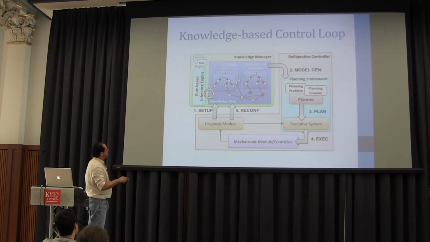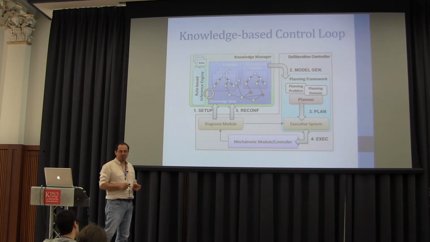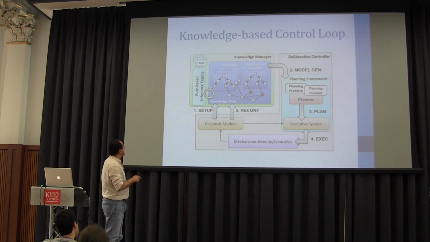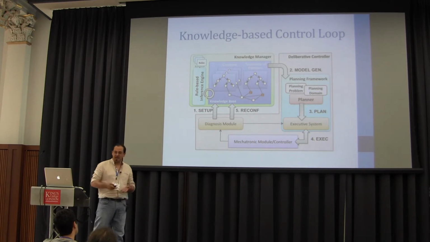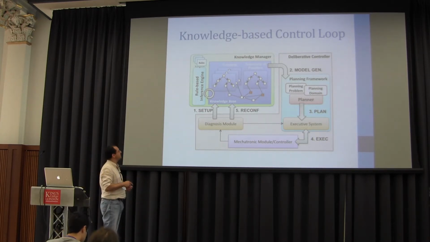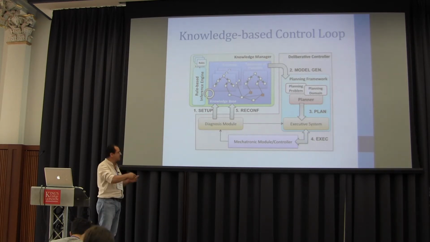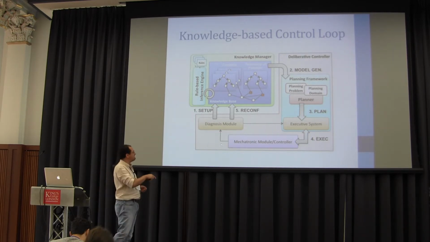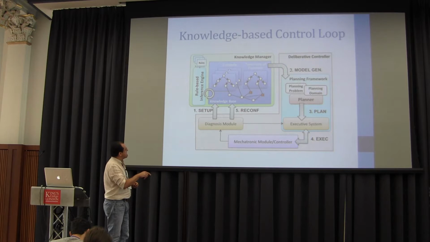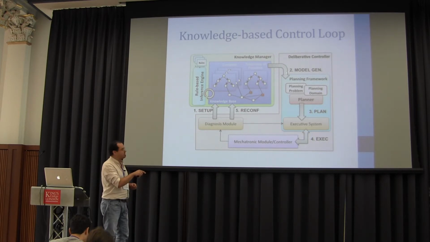Then the knowledge manager builds a first basic abstract representation of the mechatronic component. Through a rule-based inference engine, we refine and extend such abstract representation in order to elicit the functionalities that the component is actually able to implement in the specific context and according to its physical configuration. Then we have defined a model generation process in order to dynamically update the planning domain according to the situation represented in the knowledge base.